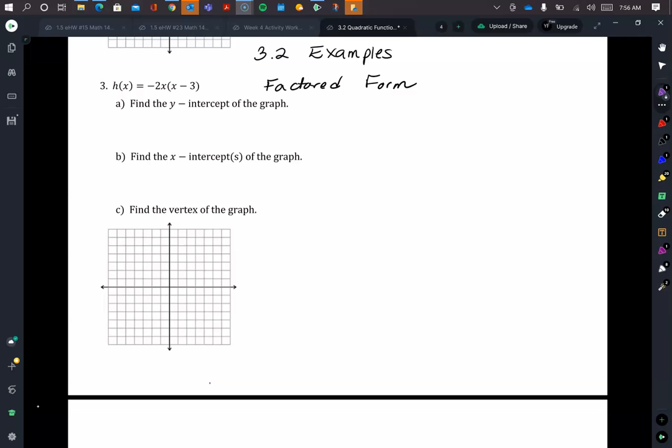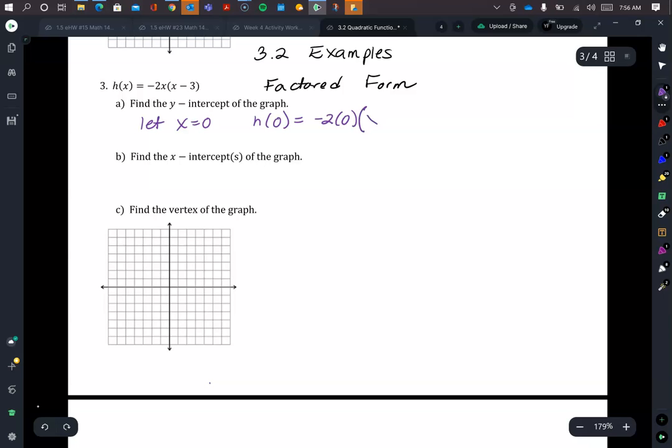So y-intercept, that's always when x equals 0. So say let x equals 0, and then we're going to plug that in to the h function that we're given. So we have h of 0 equals negative 2 times 0 times x minus 3, so x is 0.